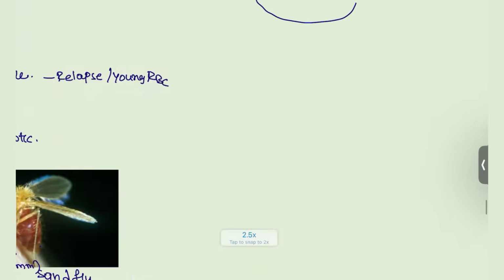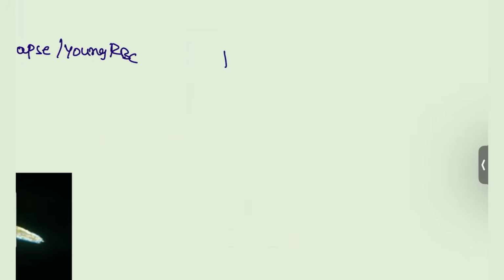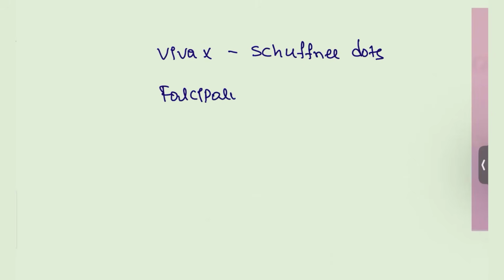And also in malaria, you have to remember the spots. Also, you have to remember the dots and the stippling, how they present. Vivax is going to show Schüffner's dots, and falciparum is going to show Maurer's dots.